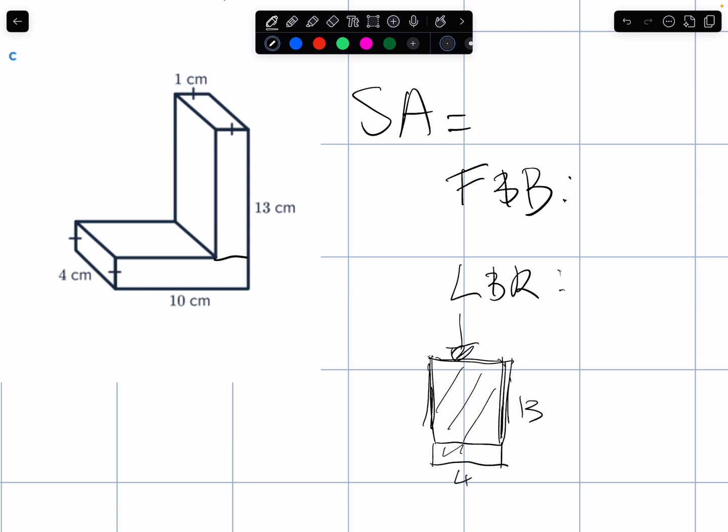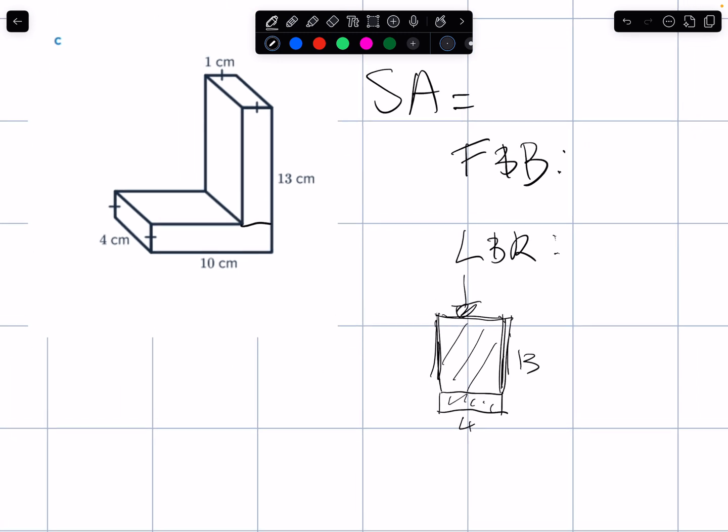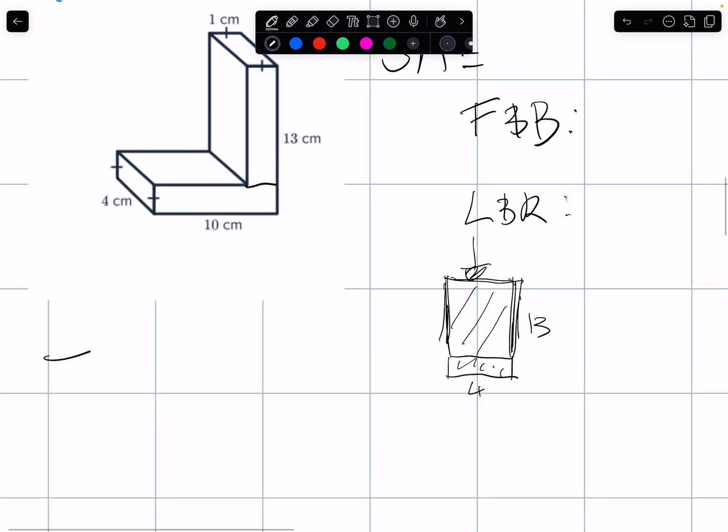Actually, no, I'll leave that there. And then we have our top and our bottom. Interestingly, again, these two are the same. If you looked at the top face, you would have your little L-shaped block here. And then it would poke out. You would have that little bit out here. It would come down. And you would have this as 10 centimeters, and this is 4 centimeters.